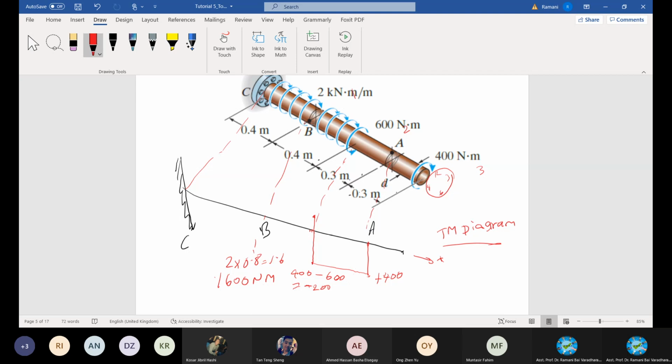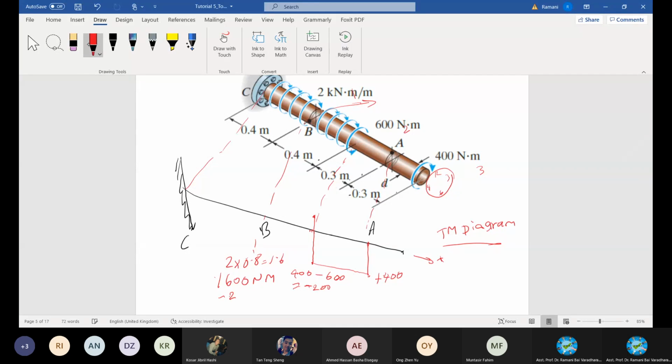So what will be the value, the net value at this point? Will it maintain the same? No, right? When it crosses, it will be changing the value to 1600 minus, because the 1600 is positive or negative? Look at this diagram. Positive or negative? Positive. Very good. Positive. Already you have negative, right?